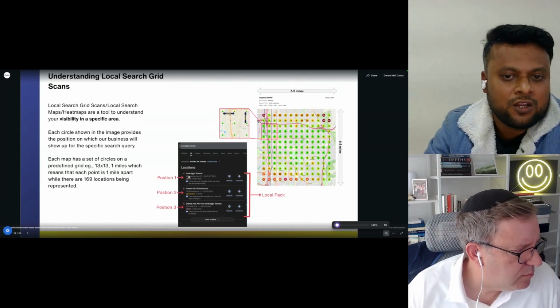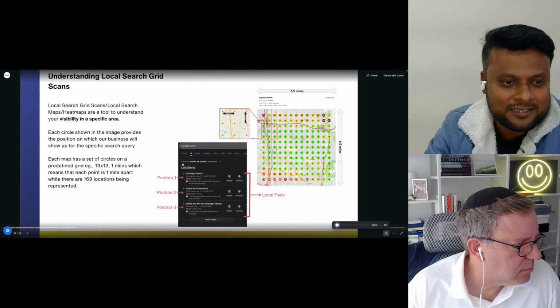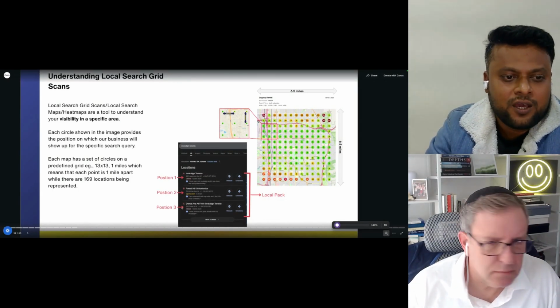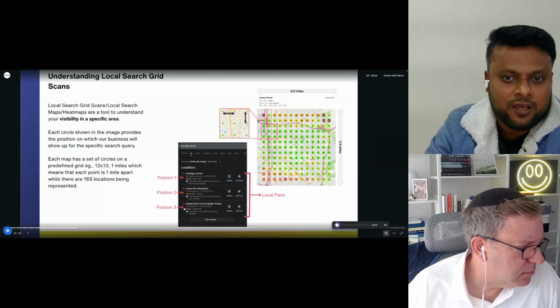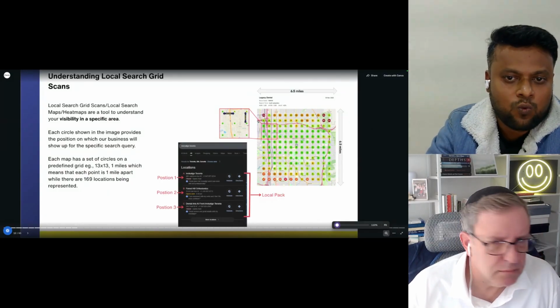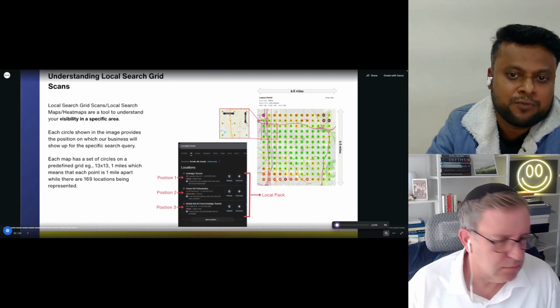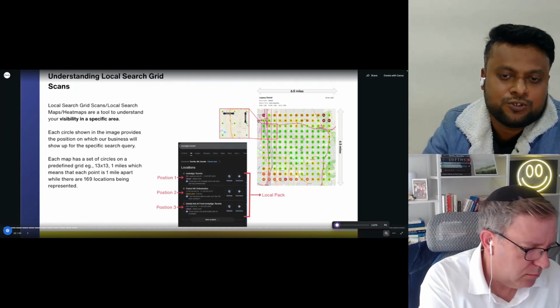So if you ignore the sponsored listing, this is position 1, this is position 2, and this is position 3. So this ball right here which says 1, it means that you are position 1. And then this ball right here which says 2, it means that you are position 2.